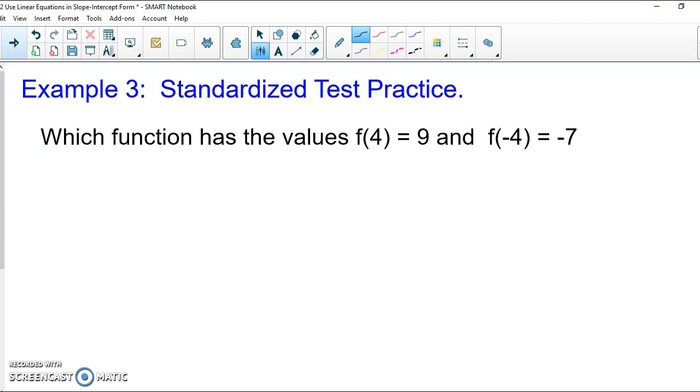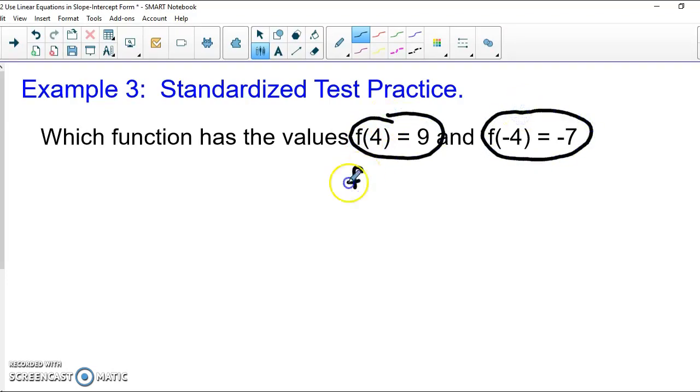All right, and as review, if we are looking for which function has the values f of 4 equals 9 and f of negative 4 equals 7, then hopefully you're remembering from last lesson that when I'm given this information, this is really giving me ordered pairs because this is written in function notation.